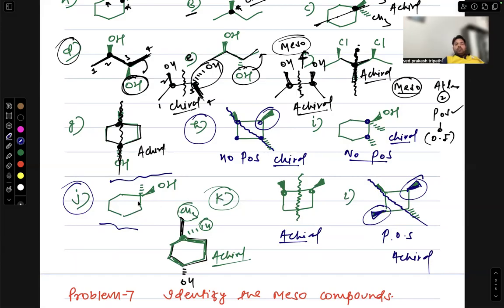I don't know why you guys are confused. OH different, methyl different, that's fine. But the left and right is exactly the same till the end. You can see, look at here, CH2, CH2, CH2, CH2. This CH2 is common for both. So if no chiral center, it means achiral. Make sense? Tell me everyone, does it make sense?